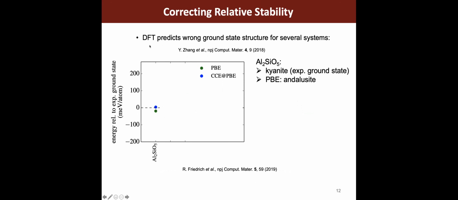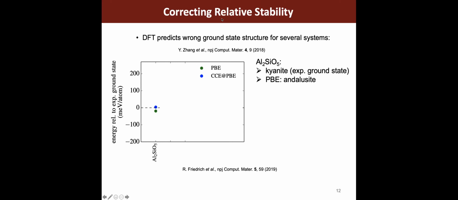Yes, and then I would like to outline something that currently only the CCE scheme can do, because for some systems, you get a wrong ground state structure when you do DFT. So you find a certain crystal structure to be lower in energy than the experimental one that is known to be the ground state, so lowest in energy.